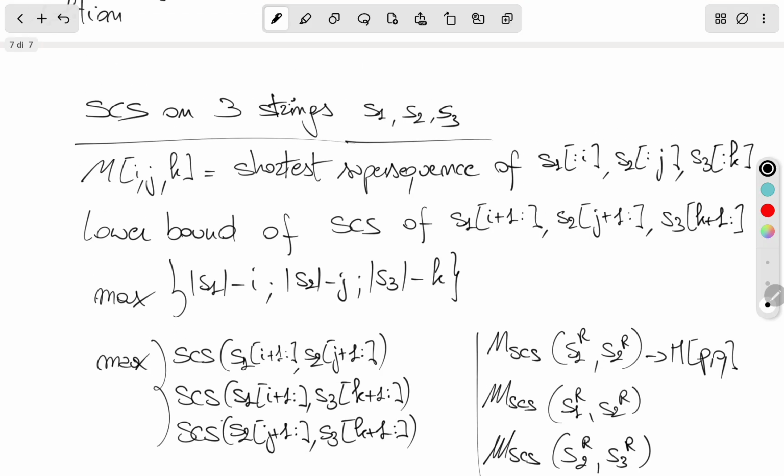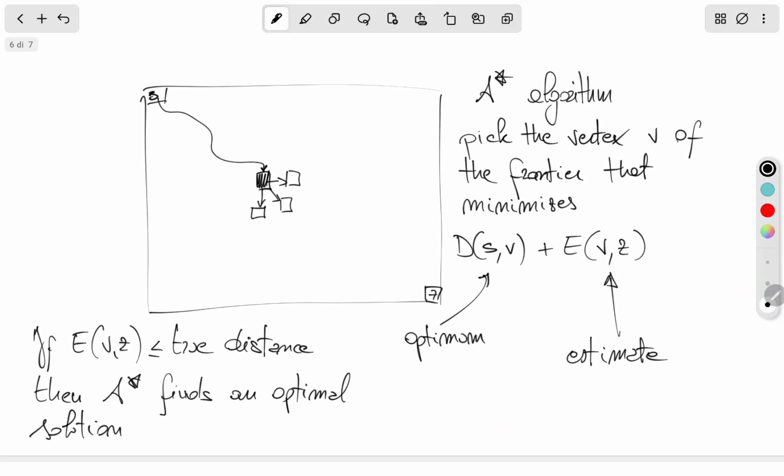Also, keep in mind that A star essentially states that if the estimate is smaller than or equal to the true distance, then we have an optimal solution. But I can apply that idea even if I have no guarantee that the estimate is smaller than the true distance. In that case, I might lose the optimal solution, okay? But it should be fast enough in any case.